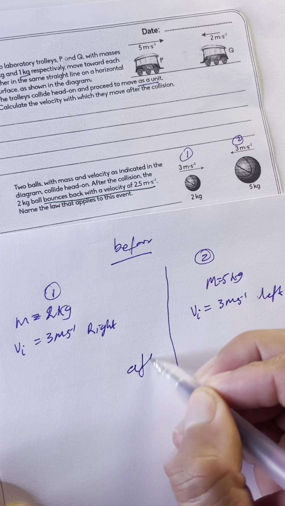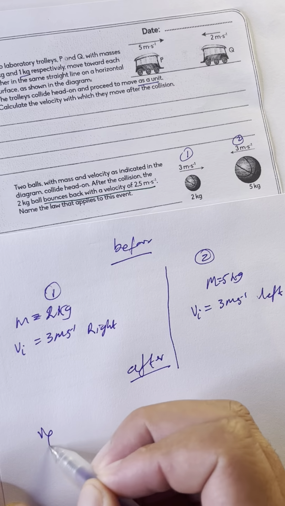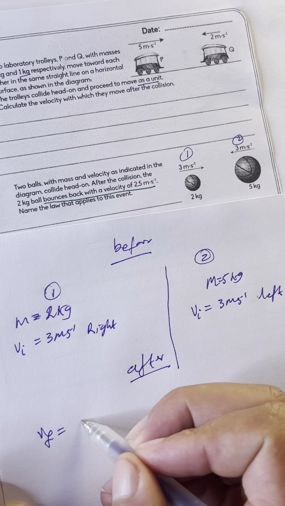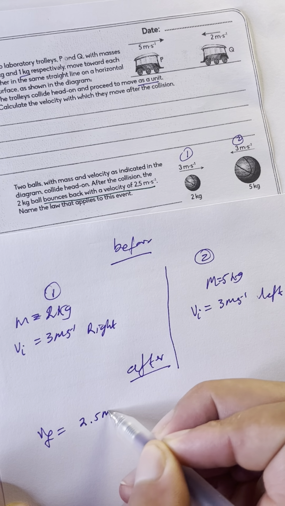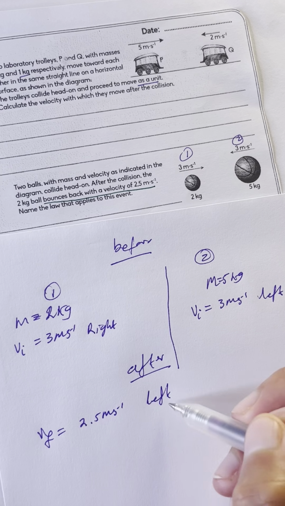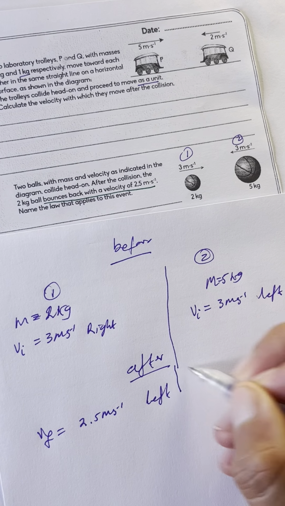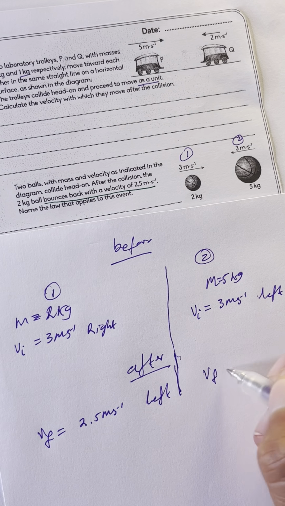So after, the mass is still the same, the final velocity for this one is going to be 2.5 meters per second now to the left. It was to the right, so it bounces back to the left. Notice that we do not have the final velocity for this one.